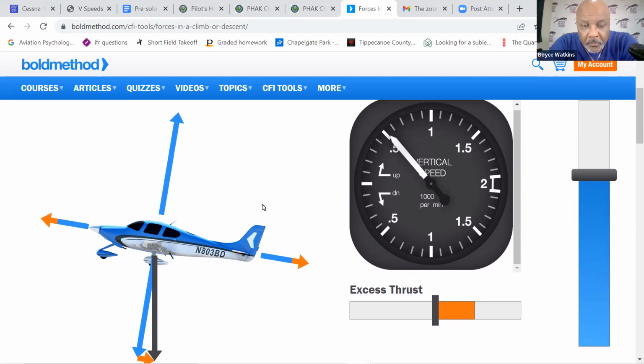Okay. Is there a standard RPM that you aim for when you're trying to do a climb? Just max RPM. What that means is we push the throttle all the way forward to the firewall, the instrument panel, that forward panel in front of us in the cockpit. When we're doing a takeoff, we look for max RPM, and that would be in our pilot operating handbook.